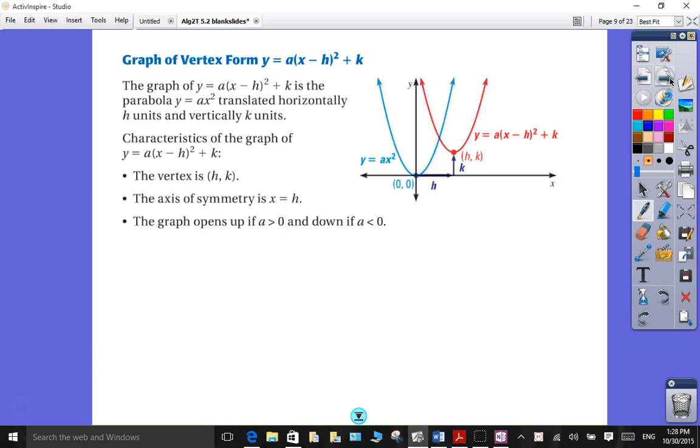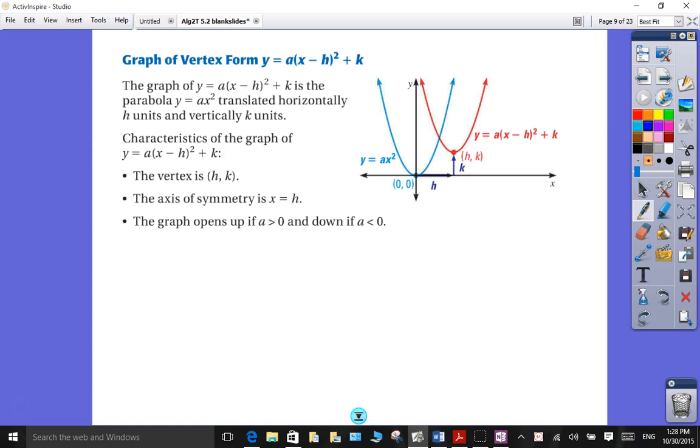Okay. Now you copied this one too. The vertex form is just another way to write the equation of a quadratic function. Now, in the standard form, we had constants which were a, b, and c. Now our constants are a, h, and k. But h and k are defined as the coordinates of the vertex.